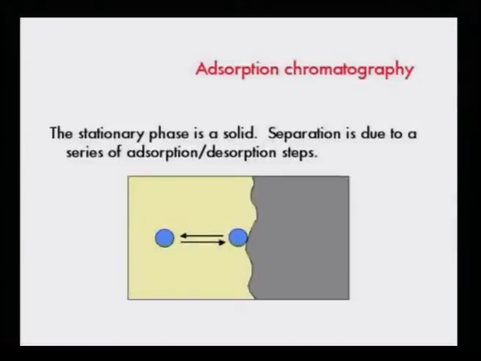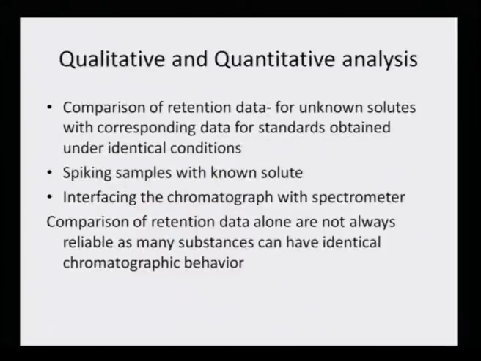Adsorption chromatography, how it works: the stationary phase is a solid. Separation is due to a series of adsorption and desorption, and that is how it passes on to the column. Qualitative and quantitative analysis.